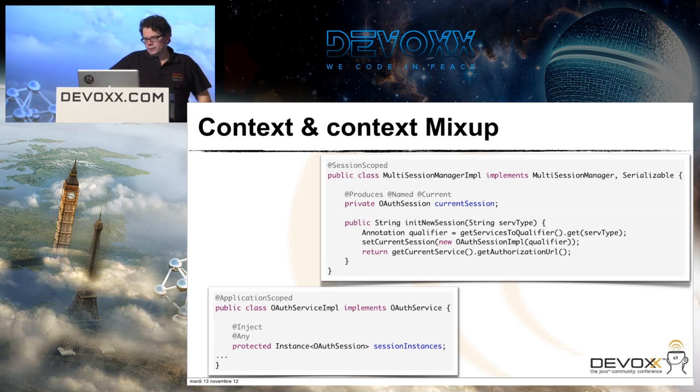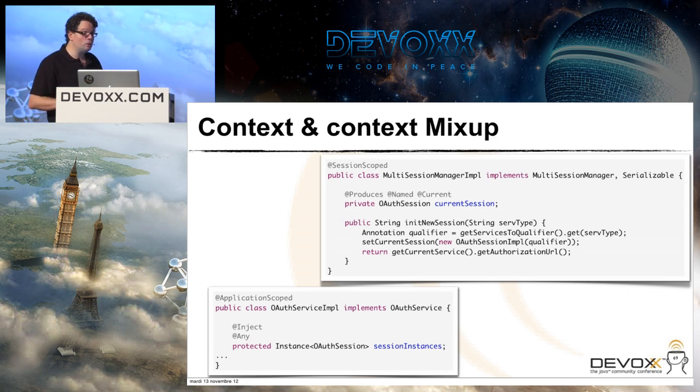The second part of the code shows you a note service bean that is not in session scope, it's in application scope, but we can inject a session object in this application scope. Because in CDI you don't inject the bean directly, but you inject a proxy of the bean.